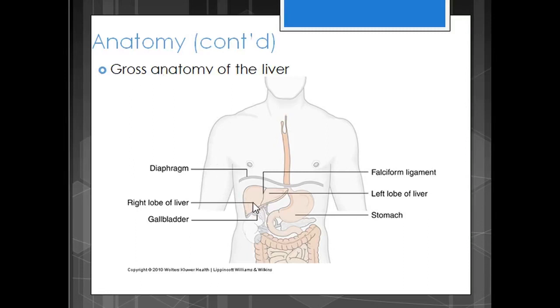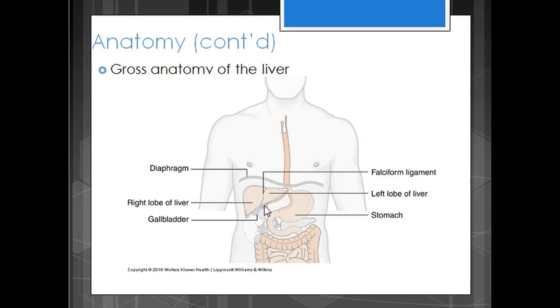We have here the liver depicted in the upper right quadrant. The liver is a large and complex organ weighing approximately 1.2 to 1.5 kilograms in a healthy adult. It is located beneath the diaphragm, and it is also attached to the diaphragm.